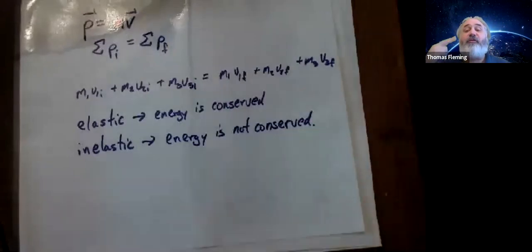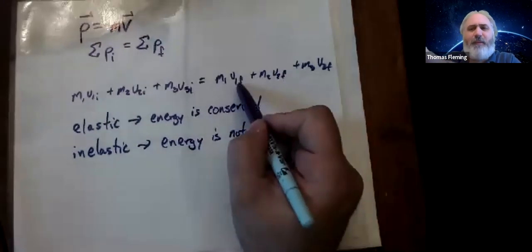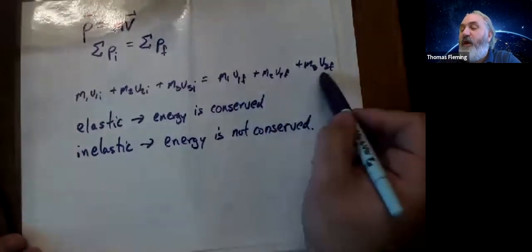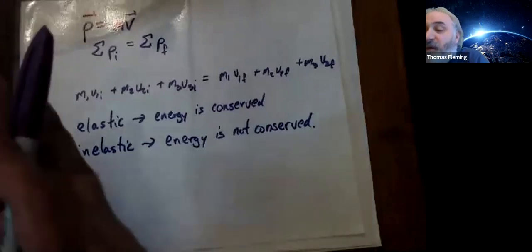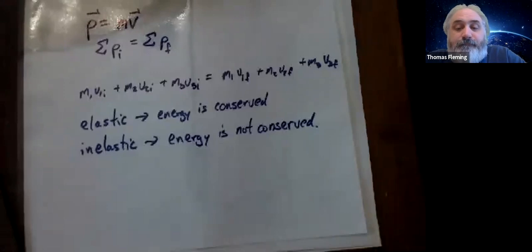I could have up to 2 unknowns. So I can give you the same problem and say, hey, here's 3 objects, here's all the masses, here's all the starting velocities, V1 final is blah, blah, blah, and then you could use those 2 equations to solve for the other 2 missing pieces. So I could give you less information in the problem if you knew going in that it was elastic.